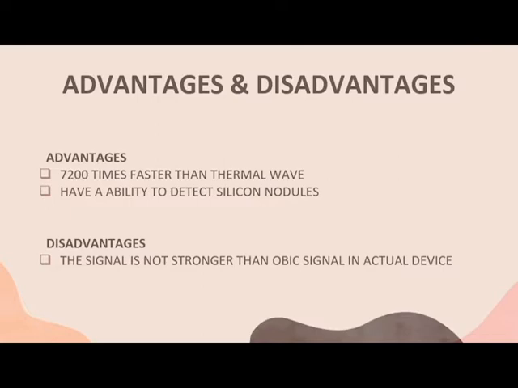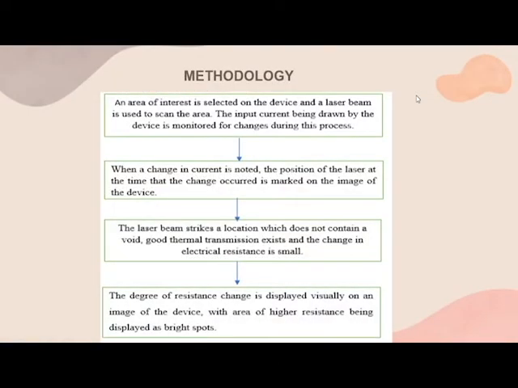For the disadvantage, the signal of OBIRCH is not stronger than the OBIC signal at an actual device in the OBIRCH system.